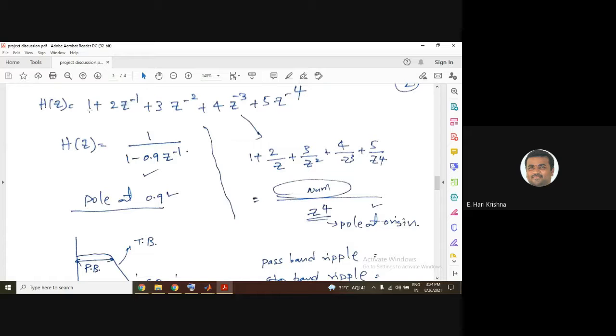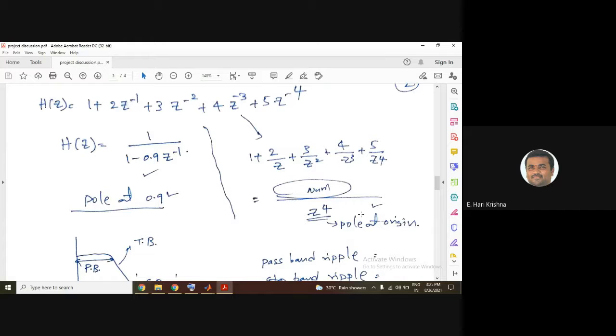But with mathematical simplification I am able to get the denominator, which is z power n minus 1. N is the order of the filter. So if you equate z power 4 to 0, that is 4 poles at origin.